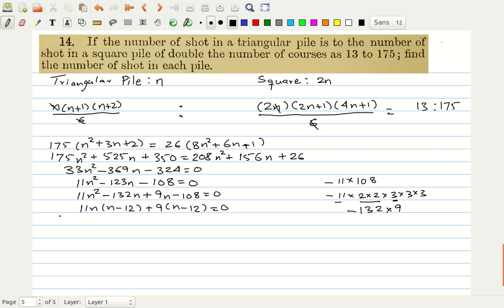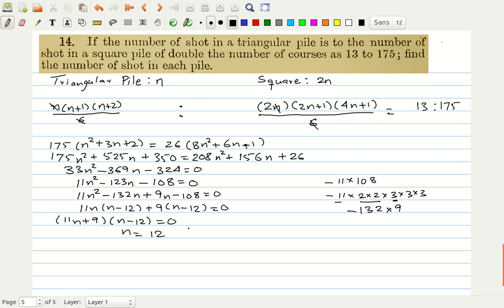So finally you get 11n plus 9 times n minus 12 is equal to 0, and therefore you will get n is equal to 12, because n equal to minus 9 by 11 has no meaning. So we have n is equal to 12.